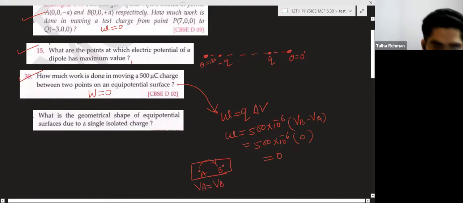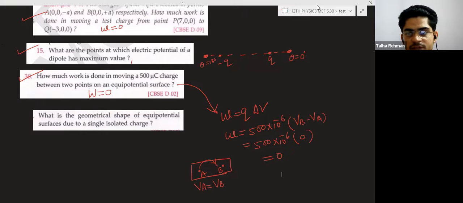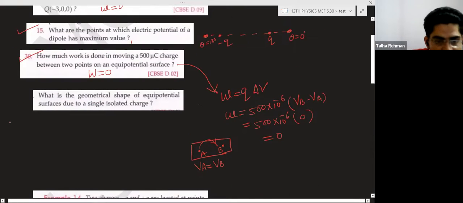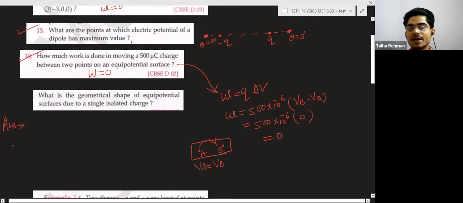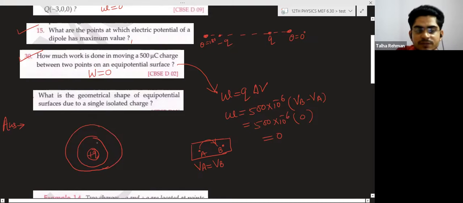Another question is, what is the geometrical shape of equipotential surfaces due to an isolated charge? I think you have done this correctly, but you should draw the surfaces also. What is the meaning of isolated charge? There is no other charge, like I am considering a positive isolated charge, and due to this charge the equipotential surfaces are concentric spheres like this. Please imagine these as spheres, as these are not looking like spheres.